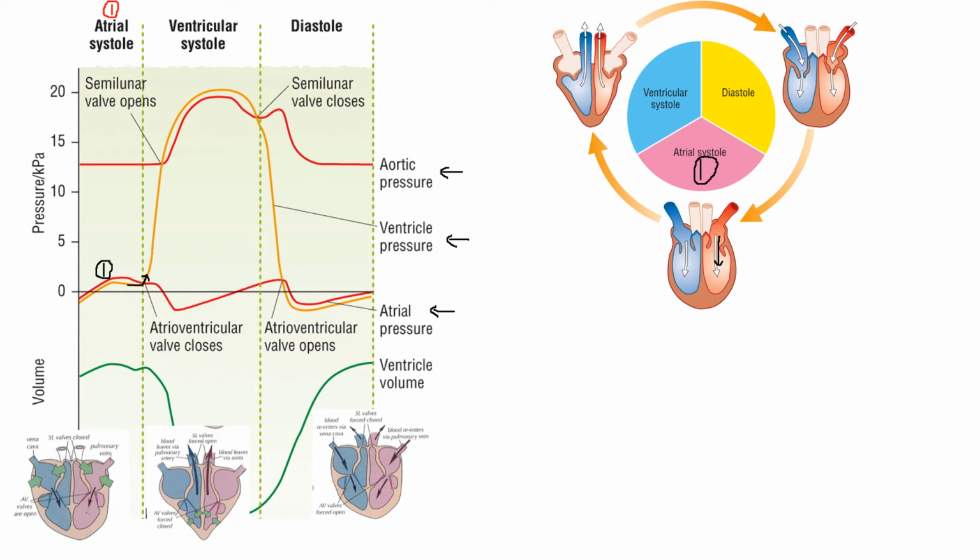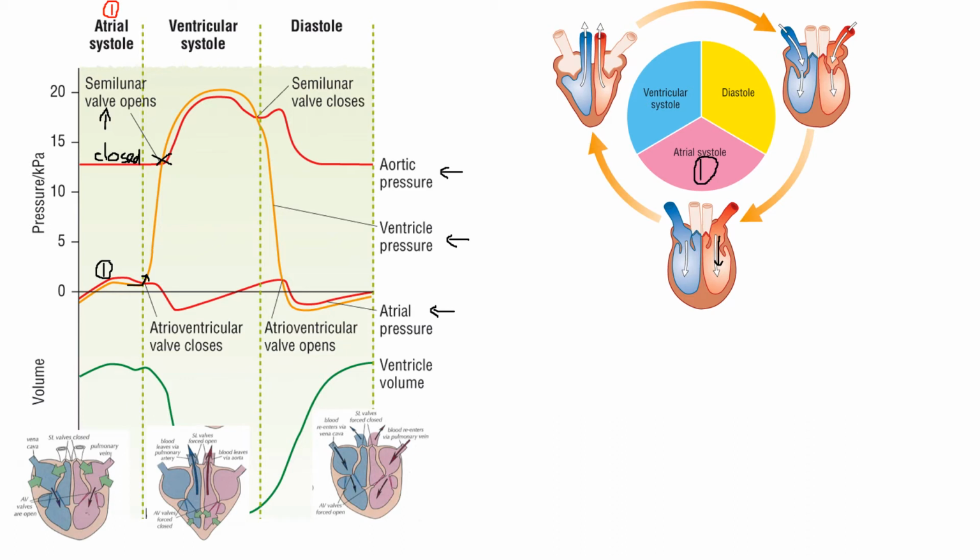And at this point, because there is very little pressure in the ventricles, the semilunar valves, which are being addressed here, are closed. So before point X, the semilunar valves, which control the blood leaving the ventricles and stop it coming back in, are closed.